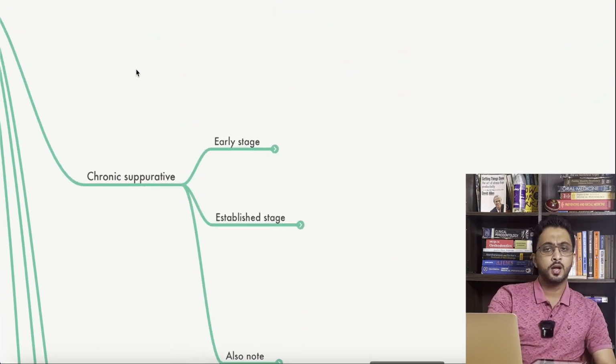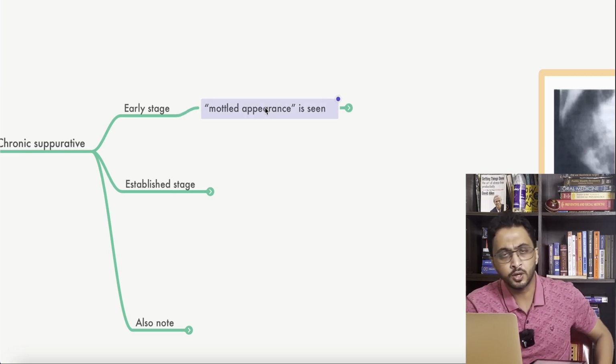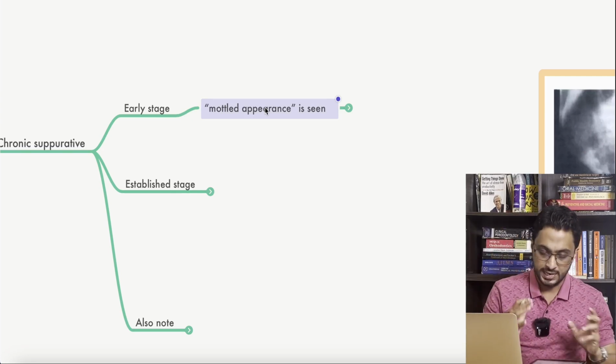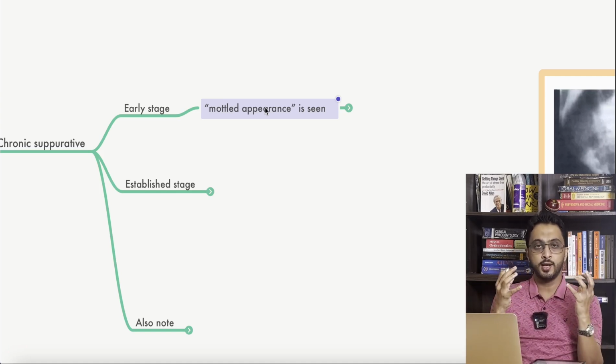Now chronic, we can divide it into 2 stages. What happens in the early stage, and what happens in the established or much later stage? Now this is an MCQ: mottled appearance. In the acute stage there is fuzziness of trabeculae. The moment it goes into the chronic phase, bone destruction begins.